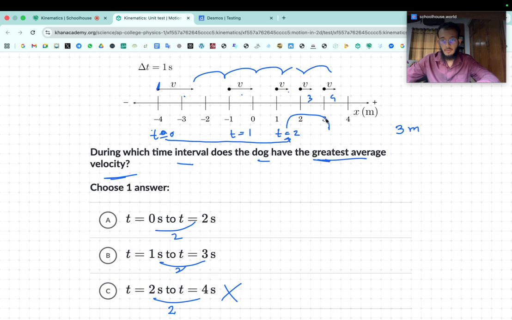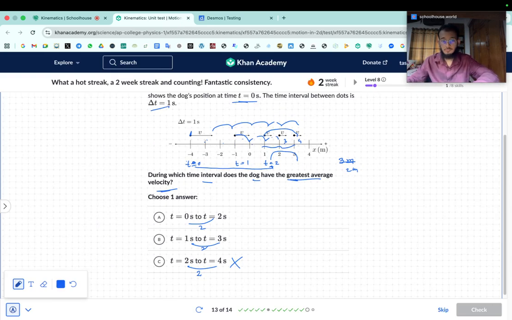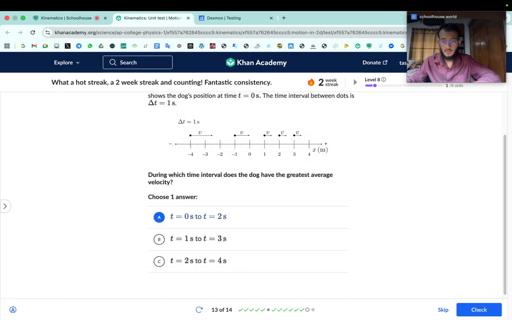So 2 to 4, as you can see, is just 2 meters. From 1 to 3 we have 1, 2, 3. But from 0 to 2 we have 1, 2, 3, 4, 5. So definitely A is our answer.